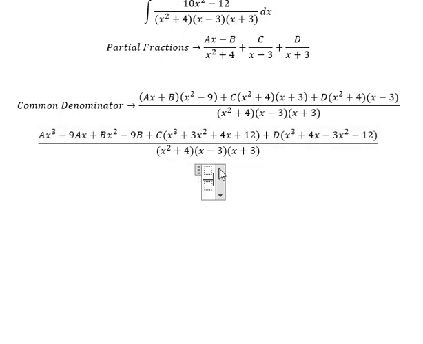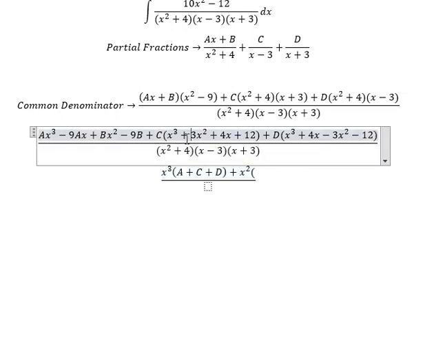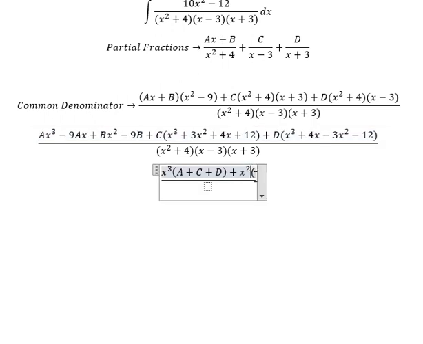About x to the power of 3, we have a, c, d. About x squared, we have b, number 3 with c, negative number 3 with d.